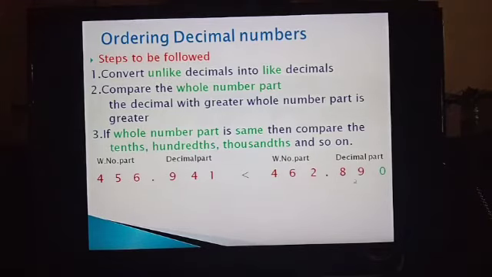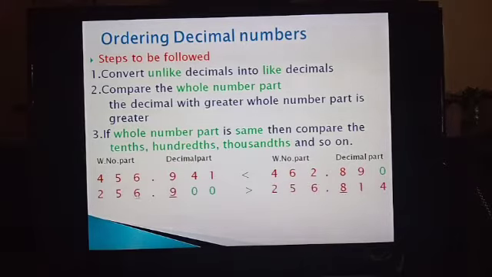To convert these two into like decimals, I have added 0 here, at the extreme right. So now we can compare. We go to the second step, compare the whole number part. Here the whole number part is 456, here 462. Obviously 456 is less than 462. The entire decimal is smaller than this decimal.